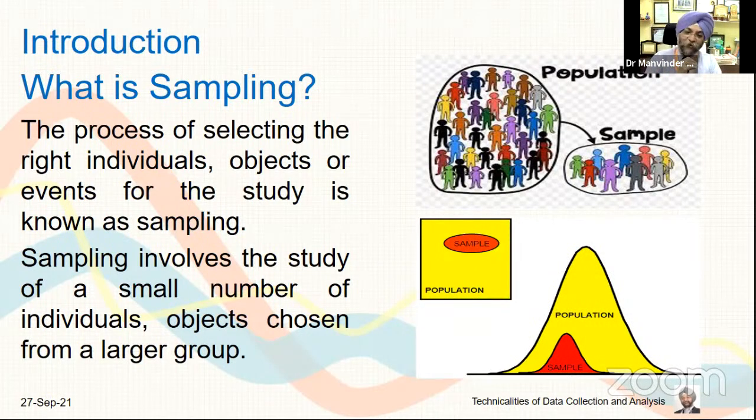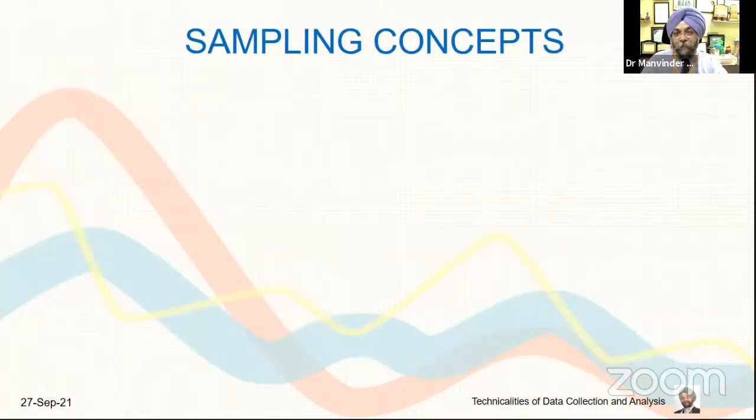Just now Meenu madam said that the sample should represent the population, right? If the people to whom we send the survey are not representative of the population, our entire investigation will be wasted. That is why the study of sampling is very important.